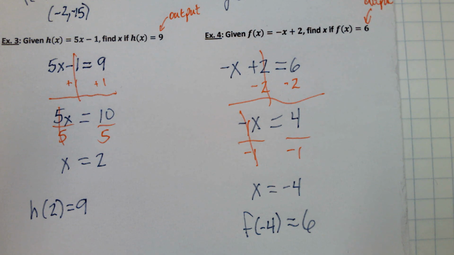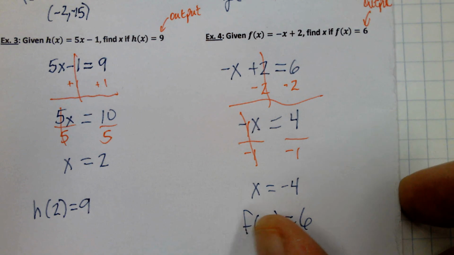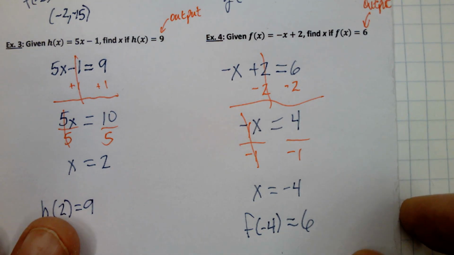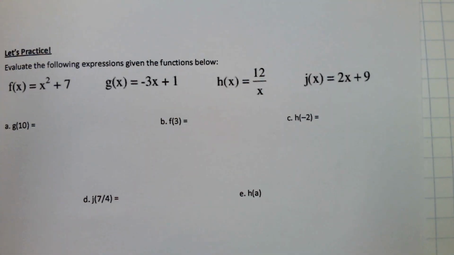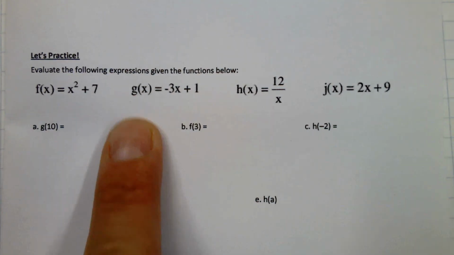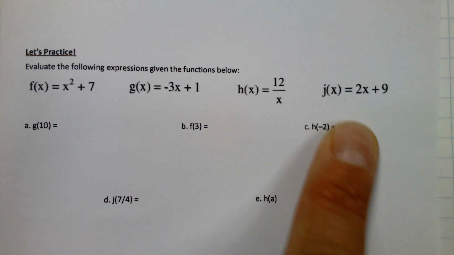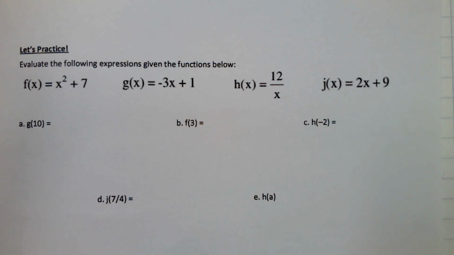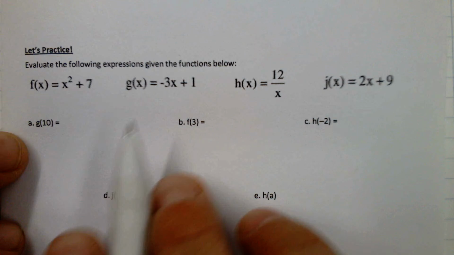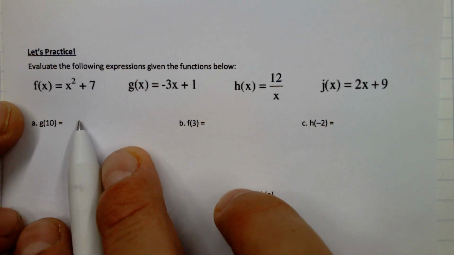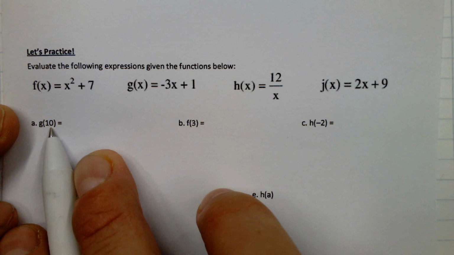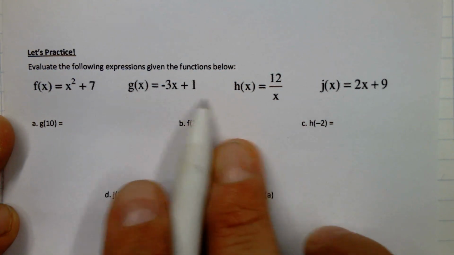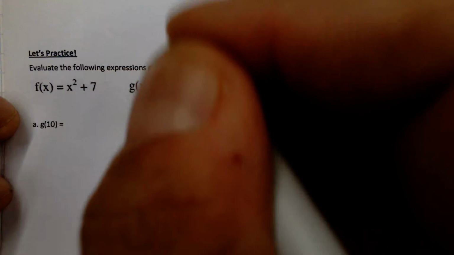So let's practice just a few of these on the other side. Okay? So turn this over to the other side. And they give us four functions: f of x, g of x, h of x, j of x. And they give us certain values for those. Okay, let's try the first one. So our input value is 10 for g. So we're going to use this function g of x. Okay?